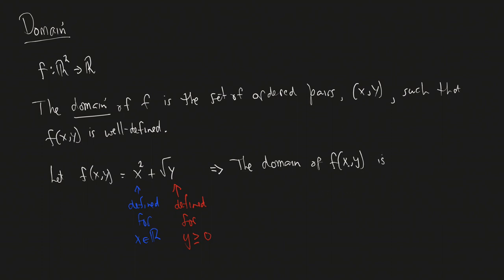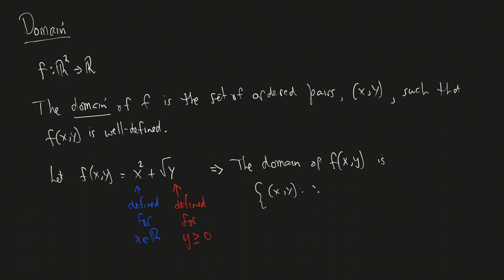But the domain of this function, let's write it in set builder form. So the domain of f of x, y is a set. And what is it? It's a set of all ordered pairs, right? And then when you're using that set builder notation, you describe that it's a set of these types of elements, and then you state any restriction or any conditions that x and y must satisfy.